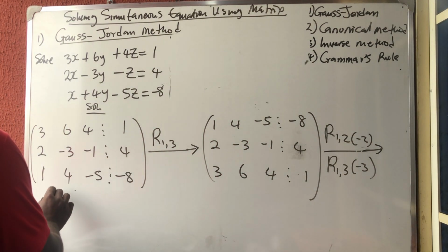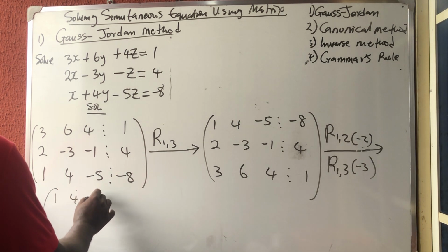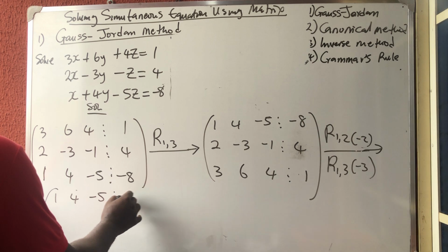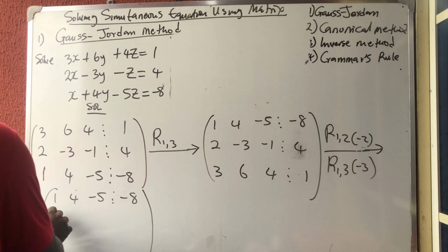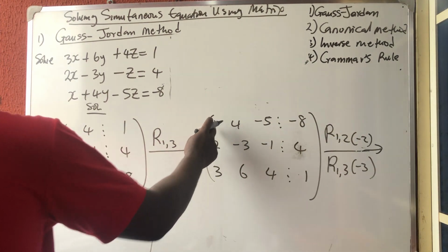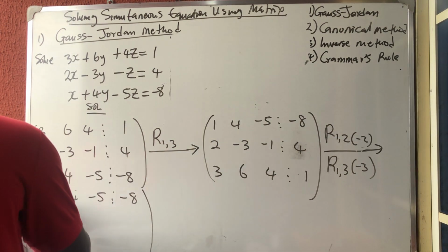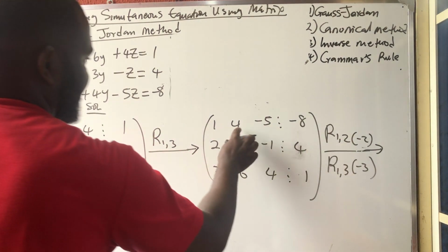So the answer I'm going to get is 1, 4, minus 5, dot, dot, dot, minus 8 remain the way it is. Then here will now be 0, because minus 2 times 1, minus 2 plus 2 is 0. Minus 2 times 4 is minus 8.